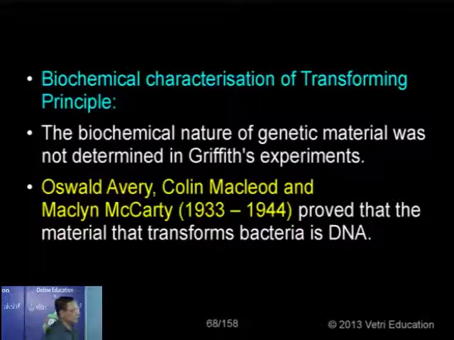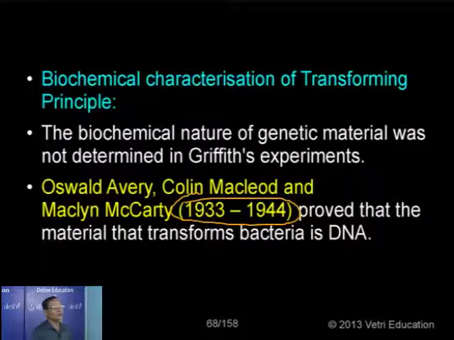Between 1933 and 1944, they proved by means of experiments that the transforming principle was none other than DNA. They proved that the transforming principle in Streptococcus pneumoniae was nothing but DNA. How did they prove that?